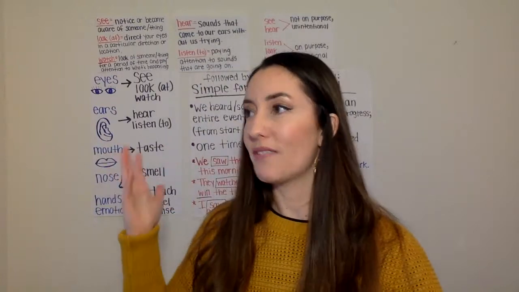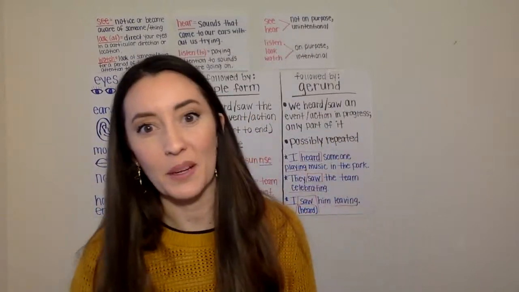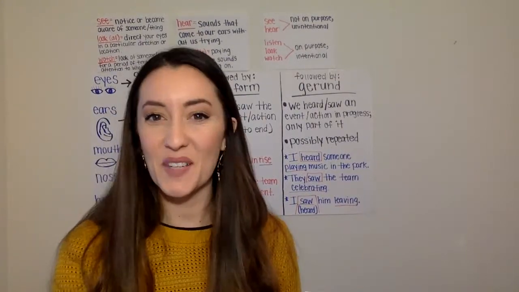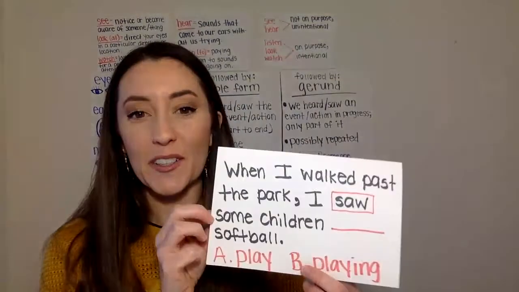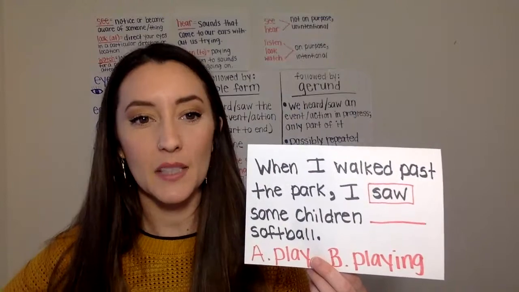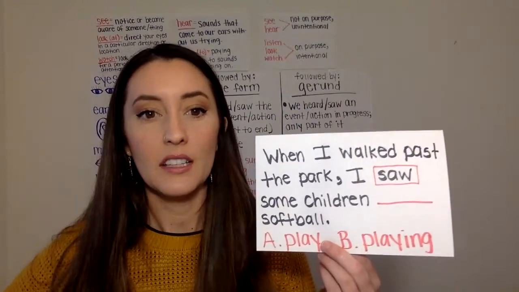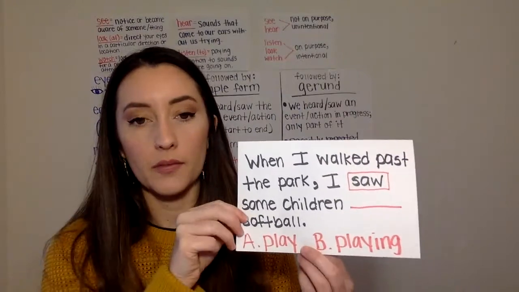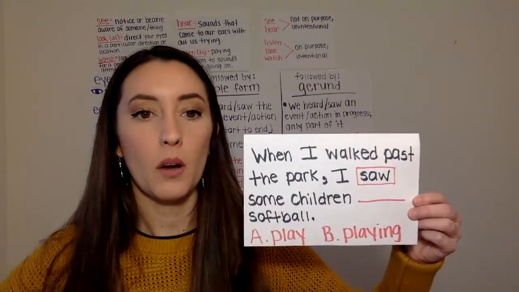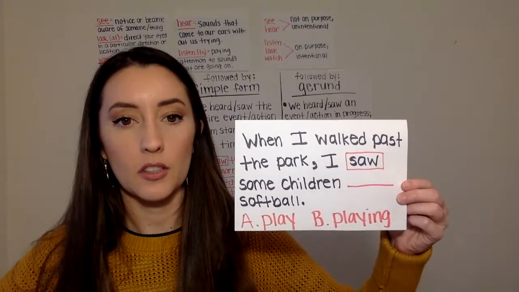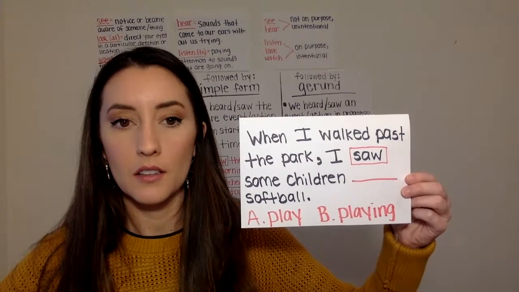And I think, oh, how nice. I wish I could go play with them, but I'm an adult and I have responsibilities. So your sentence is, when I walked past the park, I saw some children blank softball.